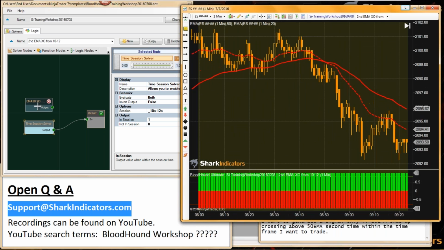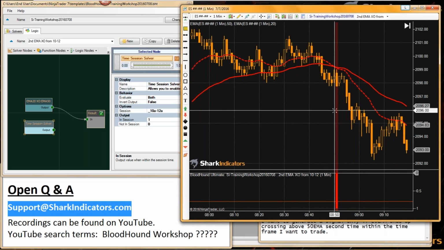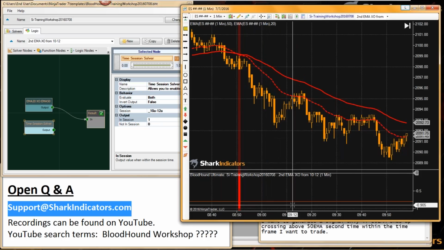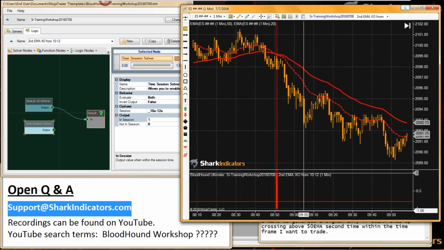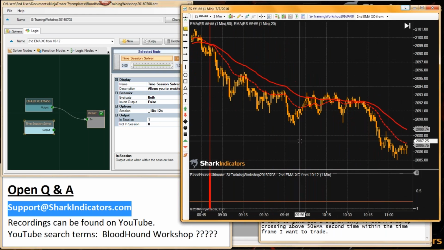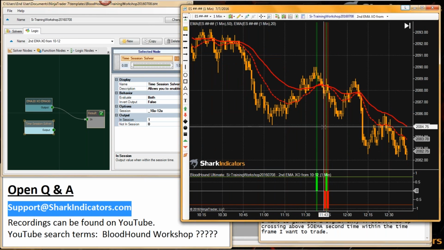So let's plug in this solver here so we can see we do have a crossover there. And I'm going to shrink this up a little bit, try and get more bars on this chart. And there's a couple more crossovers.